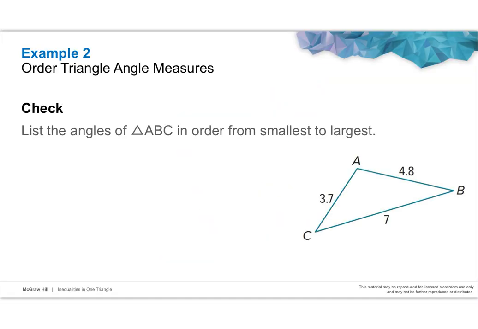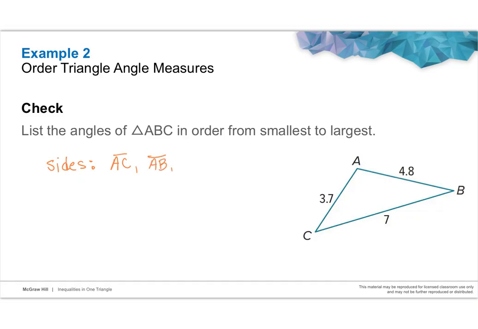Okay, our first check here is on page 375, and we're asked to list the angles of triangle ABC in order from smallest to largest. So we're going to start with the known information, which is about the sides. The sides in order from smallest to largest are 3.7 is smallest, so that's side AC. Medium length is 4.8, and that's side AB.